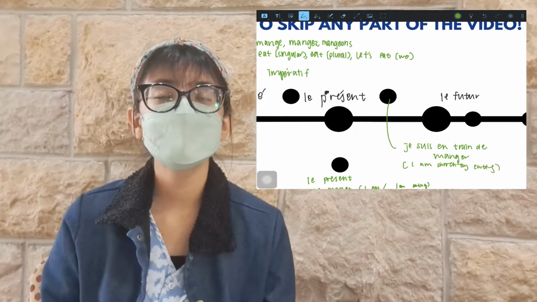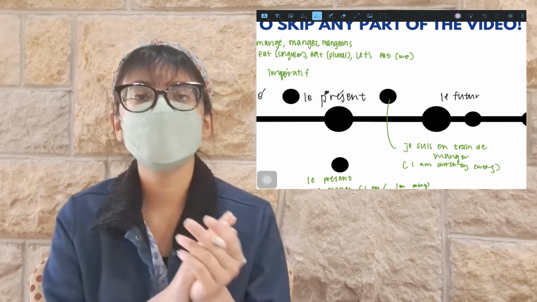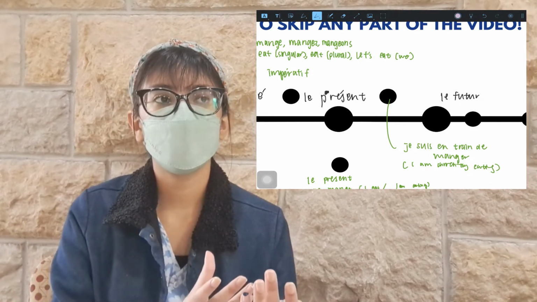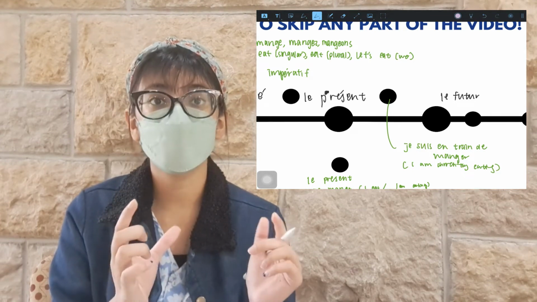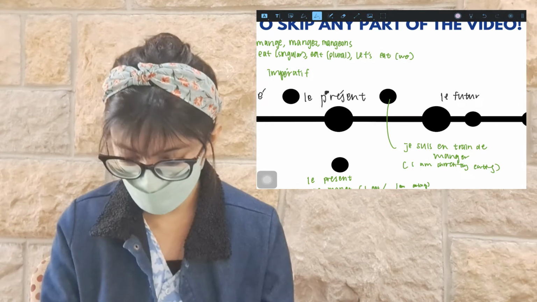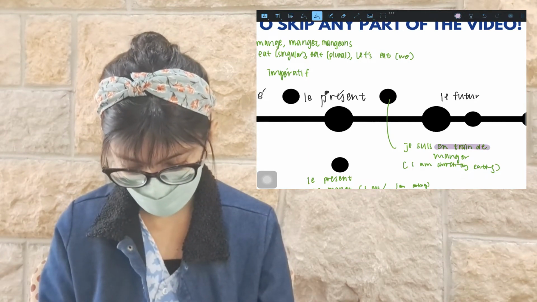So when we say je suis en train de, that means I'm currently doing a specific thing. And then after the word de, you're going to go into your actual form, which is the infinitive, and you are going to make sure that you don't conjugate that. So je suis en train de, that is very important.